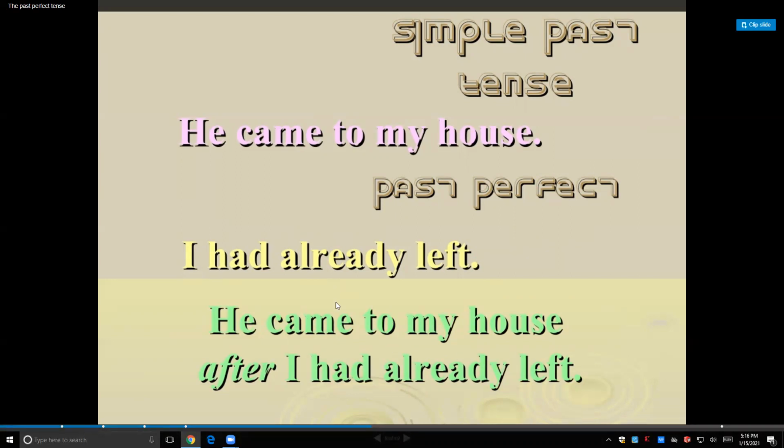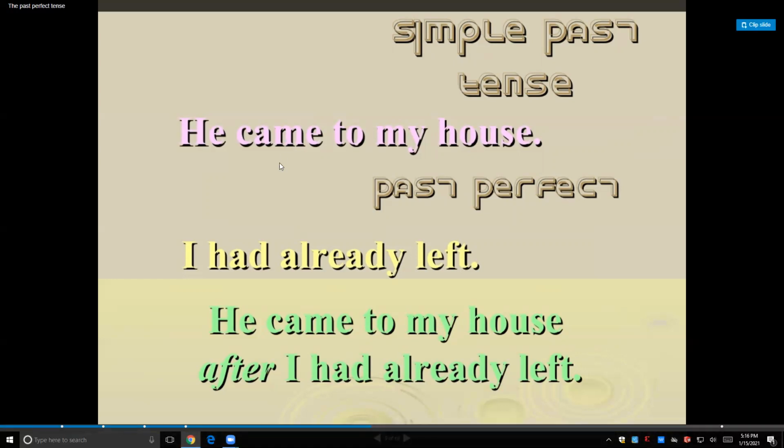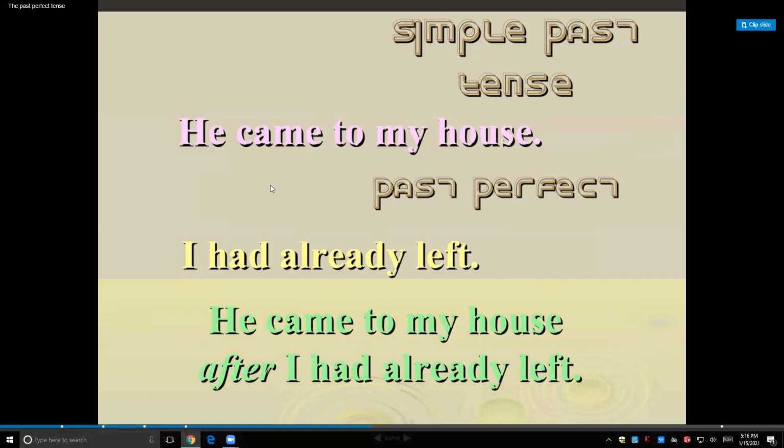Now here we are comparing these two actions. Here we have only mentioned one action. If you're just mentioning one action without referring to any other action, then it has to be in simple past. But if you are comparing that action with another action which took place either before or after it, and you combine them, then one part of the sentence has to be in past simple, and the other part in past perfect.